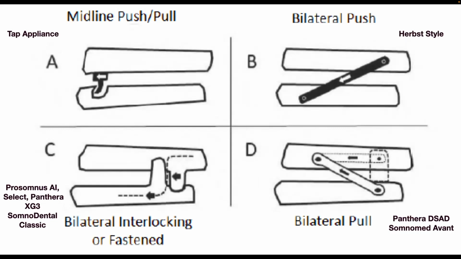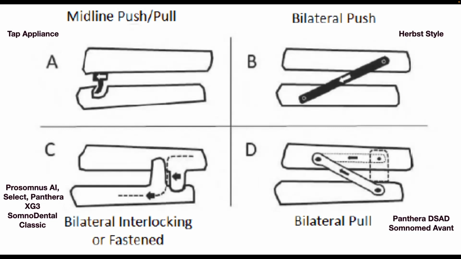Maybe if you're too far distal, you could still be putting a lot of force on the maxillary posterior teeth. Hopefully that interlocking device or connection is a little bit more anterior to put more pressure on those canines. So I like using this type of appliance if it's needed and called for.